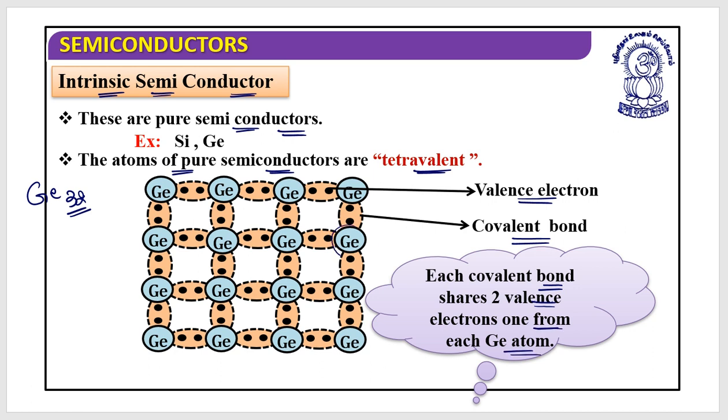If you see the bond between this germanium and this germanium, one electron has been shared with this one, another electron has been shared with that one, and so on.